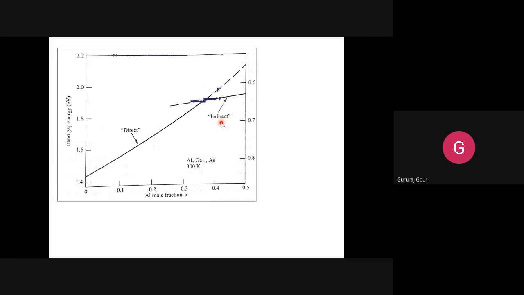Whereas in indirect band gap, it is like this. We cannot define it properly. This is at the prescribed temperature of 10 Kelvin. We got this characteristic.